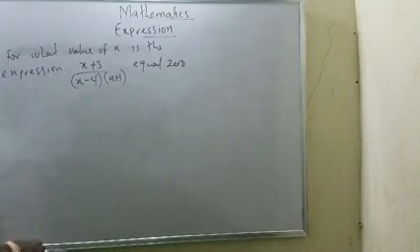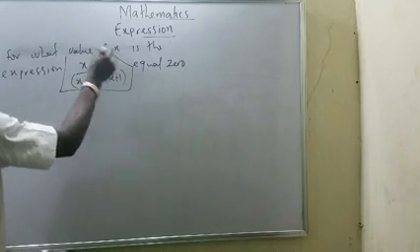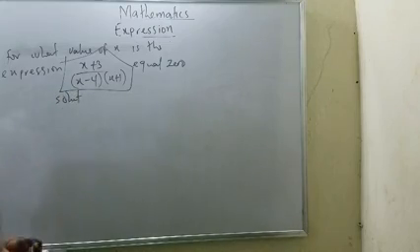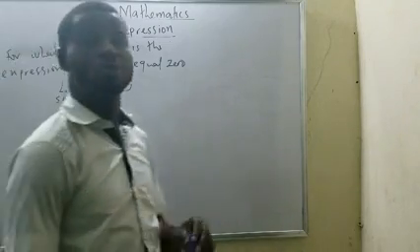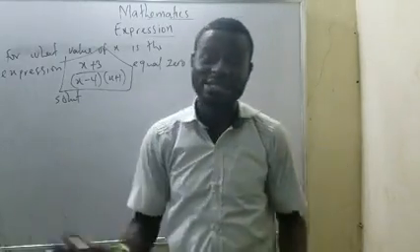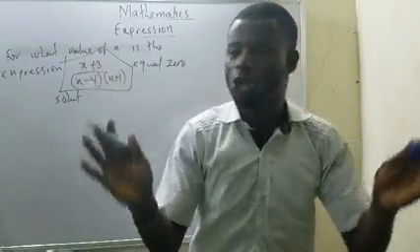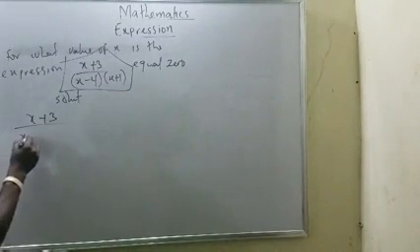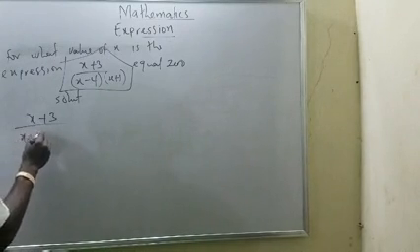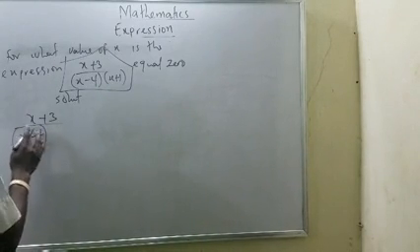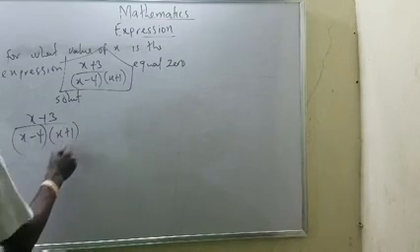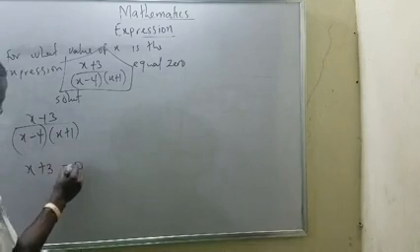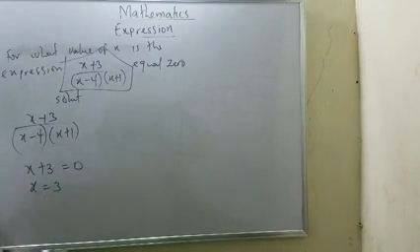Now, look at this. I want to look for the value that will make the expression equal to 0. I said at the beginning that the upper part must equal 0. That is how you can get the expression to equal 0. So the numerator x plus 3 equals 0, which means x equals minus 3.